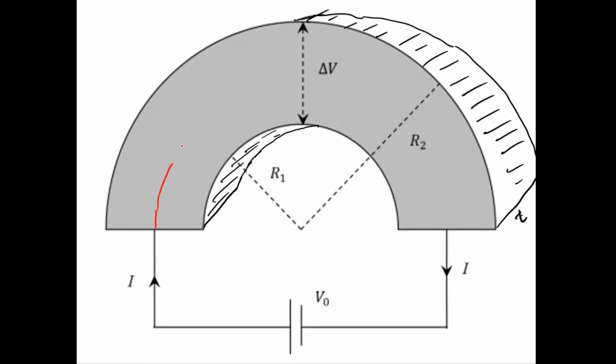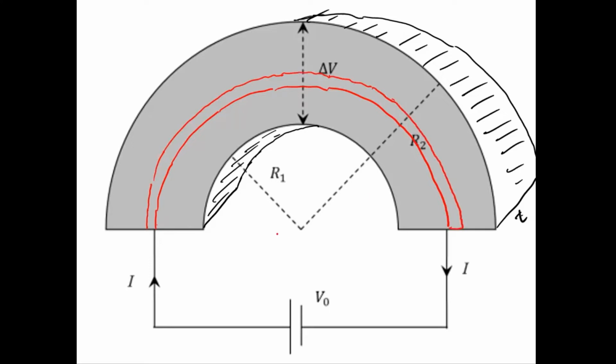Suppose this is the element, it has a radius r and thickness dr. So we would like to find the resistance of this element first.